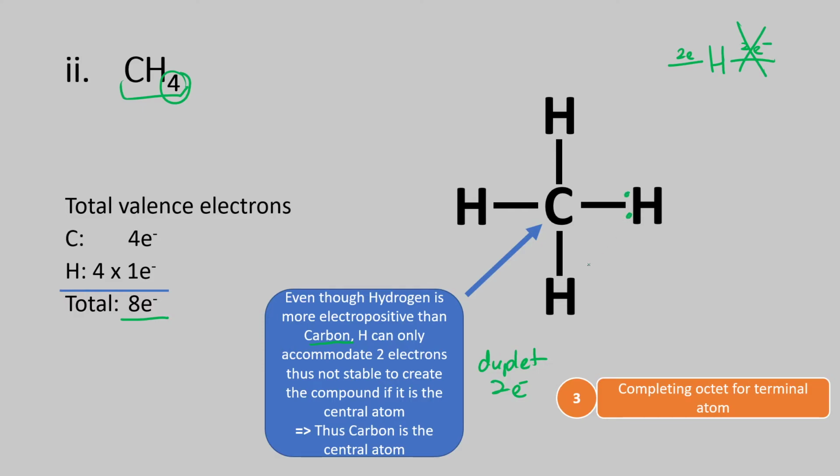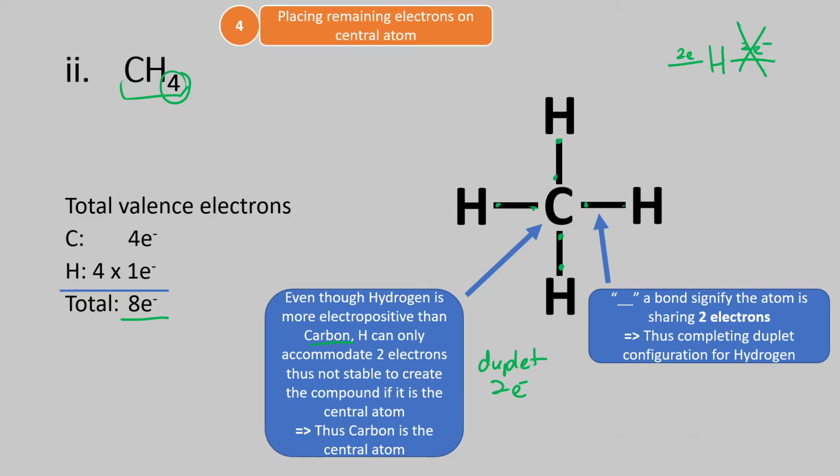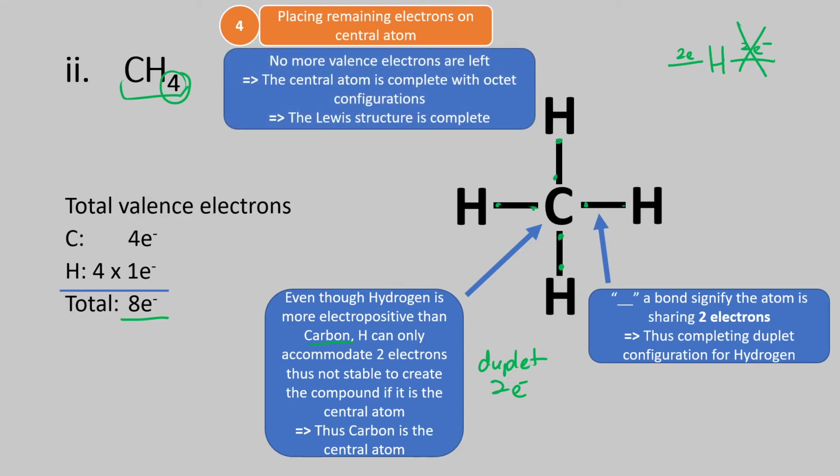So you put 2 here, 2 there. Since it has 2, we can make it a bond, right? So we make it a bond. Then we count again, is it enough? How many electrons have we used? 1, 2, 3, 4, 5, 6, 7, 8. So we have used 8, which means we have used all of the valence electrons. So there's no need to put any more. So the Lewis structure is complete.